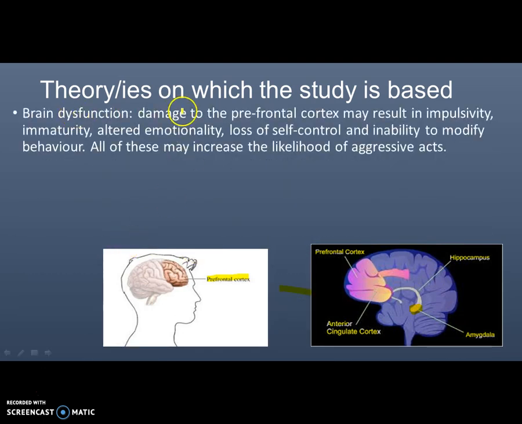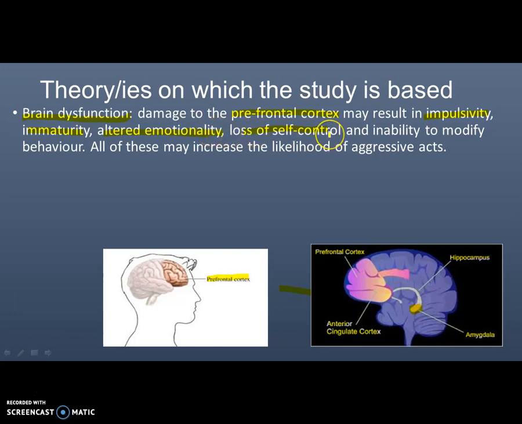So, brain dysfunction. The idea, in terms of a theory, that damage to the prefrontal cortex might result in impulsive behaviour, immaturity, altered emotionality, loss of self-control. So altered emotionality might be being more aggressive. It might be getting upset quicker than other people would.